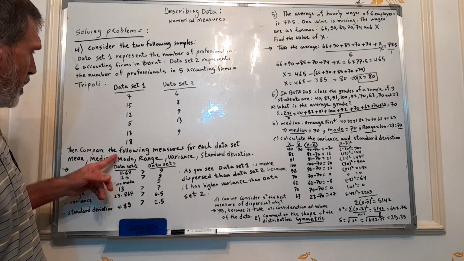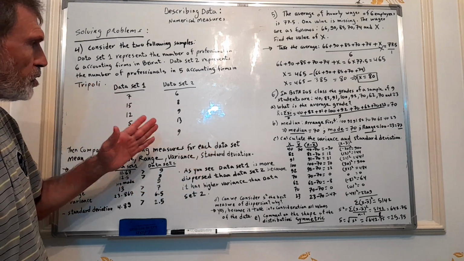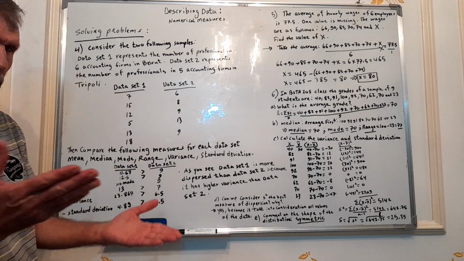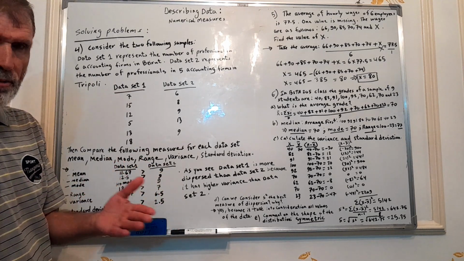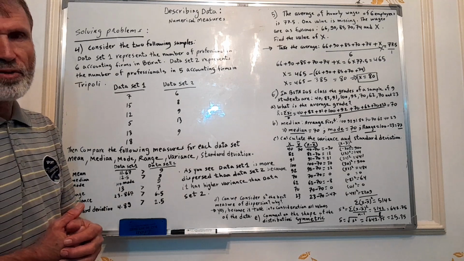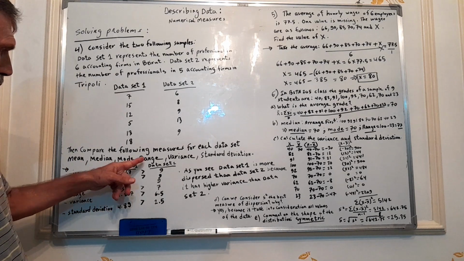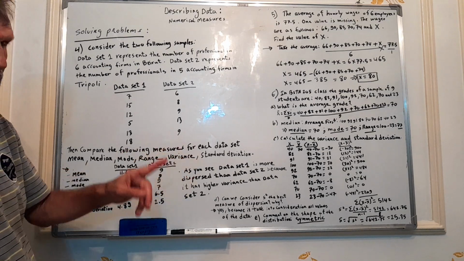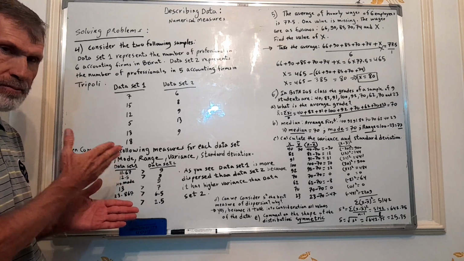Then he said compare the following measures for each data set. So for each data set, of course, we're going to compare some measures of location as well as measures of dispersion or variation. Mean, median, mode, range, variance, and standard deviation. So what we're going to do, we're going to calculate all these measures.